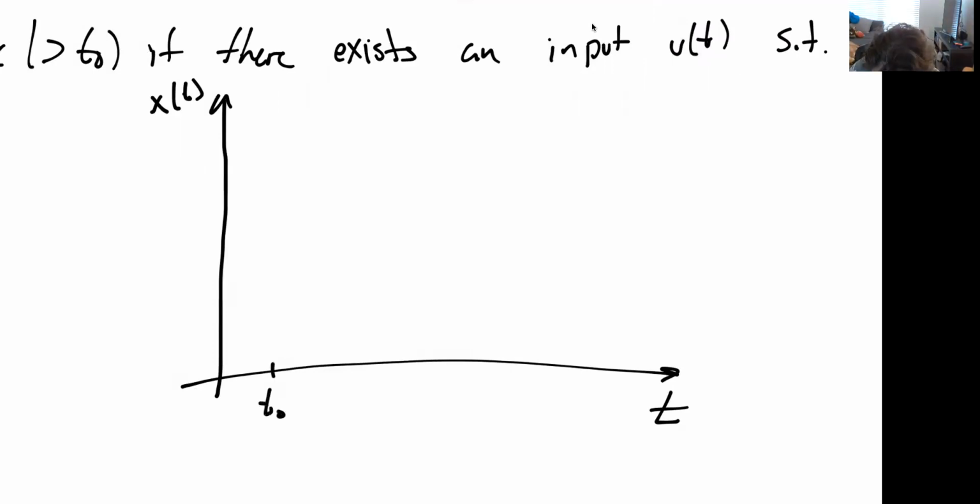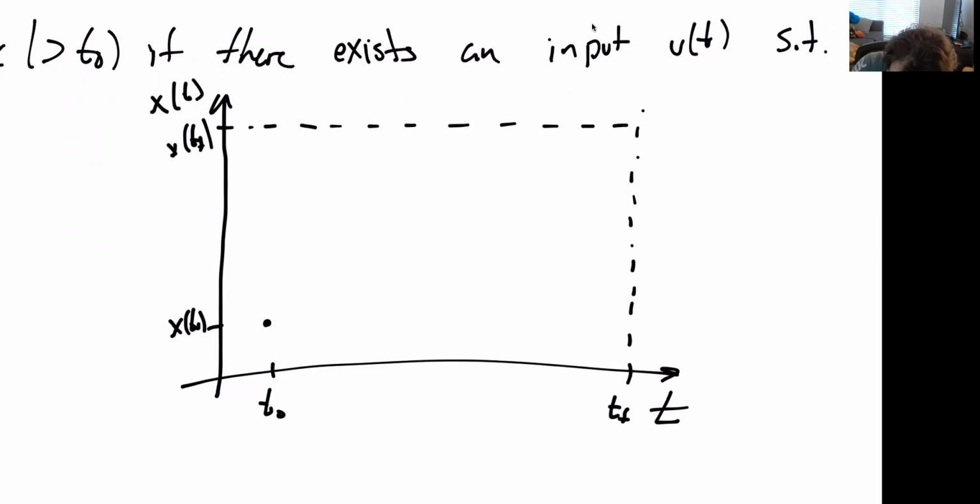We have an initial time, t naught, and then we have a final time, t sub f. We have an x at t naught and an x at t sub f. So we have this position, and then we have a point out here.